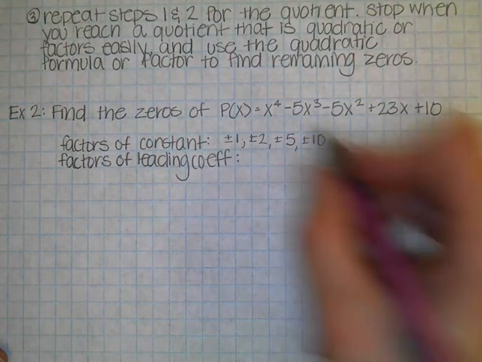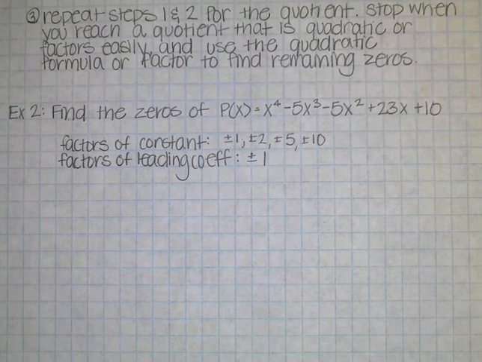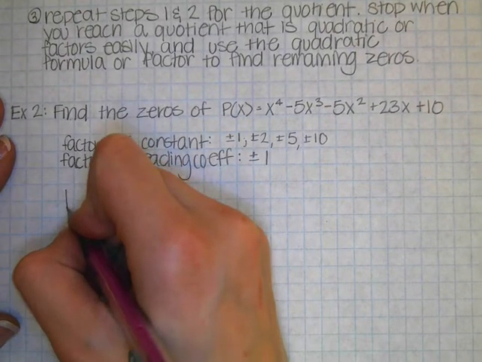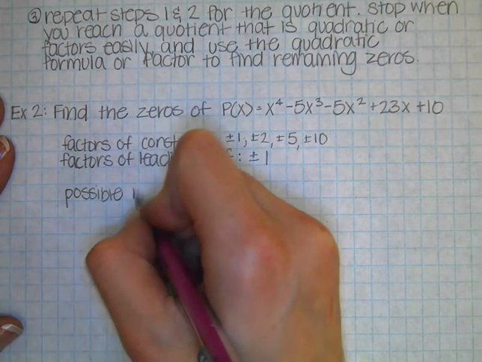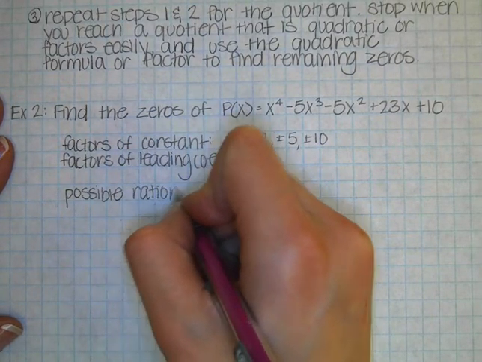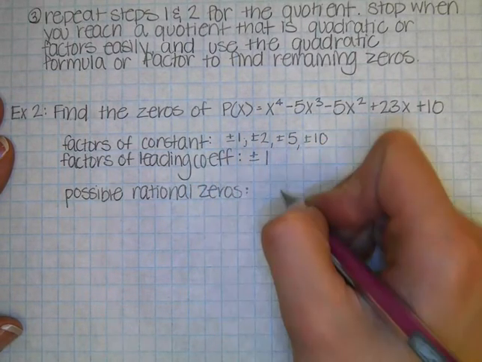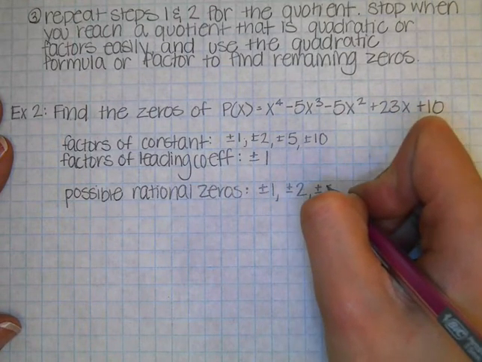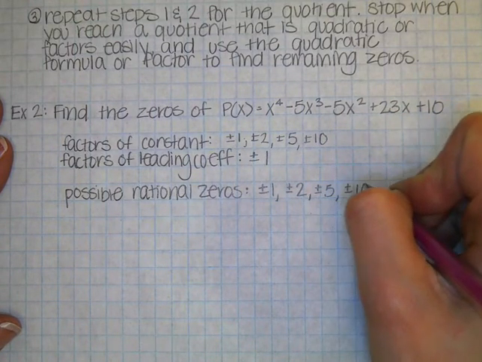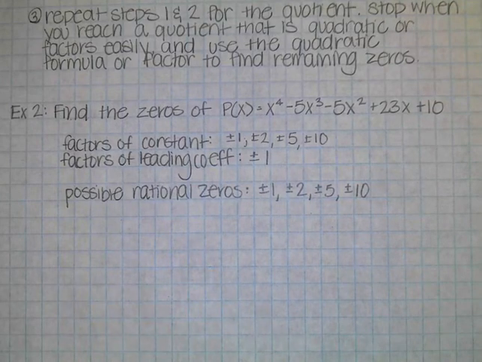Factors of the leading coefficient, and this is why things are nice, is just 1. So our possible rational zeros are just plus or minus 1, plus or minus 2, plus or minus 5, plus or minus 10. So we still have a bunch. We have 8 possible rational zeros, but this is better than the last problem.